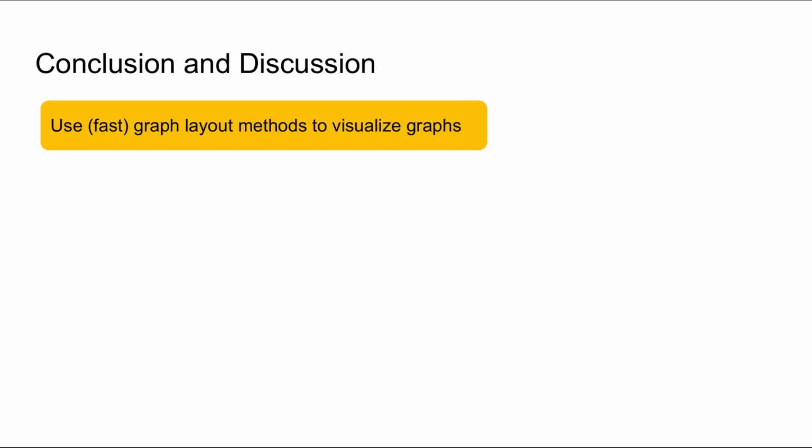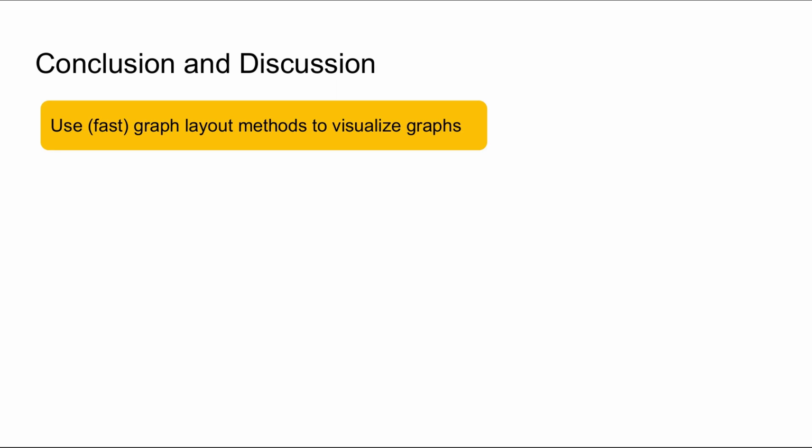We found that combining representation learning with dimensionality reduction, such as t-SNE, leads to better visualizations. But in general, we advise using fast graph layout methods and only consider using representation learning when neighborhood preservation is essential or to gain more insights into the method itself.